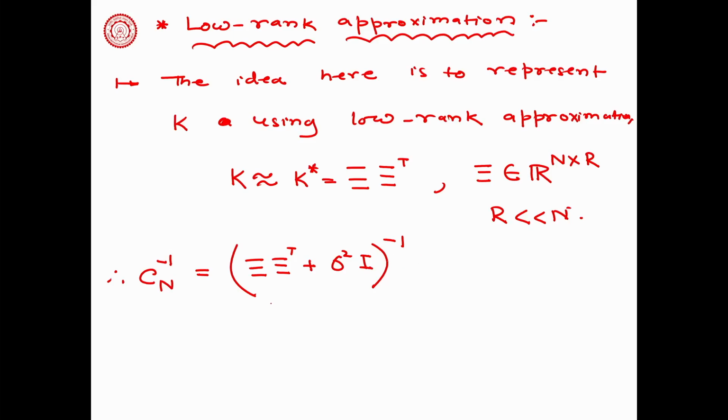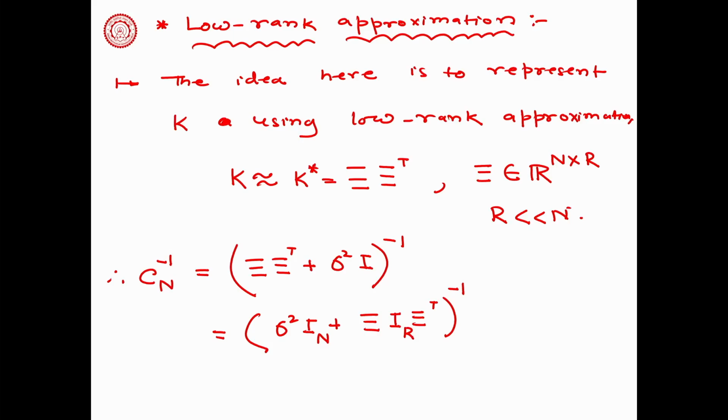So, I will rewrite this as sigma square I plus Xi I Xi transpose, inverse. Now, this first identity should be I n, that is an n cross n identity matrix, whereas this middle one should be I r, an r cross r identity matrix.